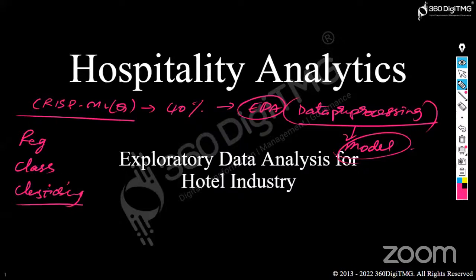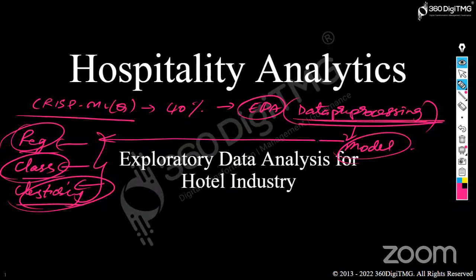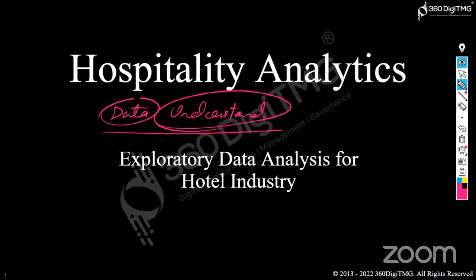All these models accept data in their own fashion, so we need to prepare the data to be fed into the models. Hence we need to pre-process the data and try to understand what the data is talking about. We just need to talk to the data and understand what it is telling. Okay, and that will be your EDA.